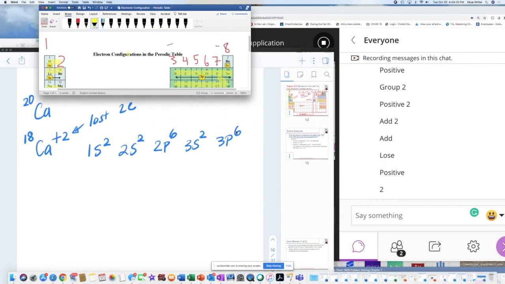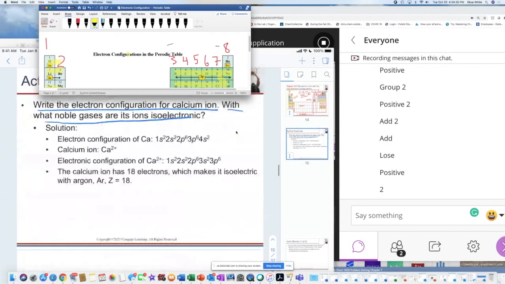But they wanted to know what this configuration was isoelectronic with. Okay? What do they say here? With what noble gas are its ions isoelectronic?